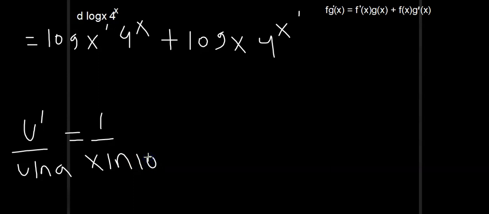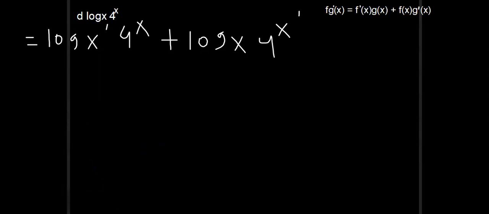So this is all you have to do. So my derivative form will be 1 over x ln 10. But if you get confused, I got a video on how to derivate logarithmic functions, so I want you guys to check that out.